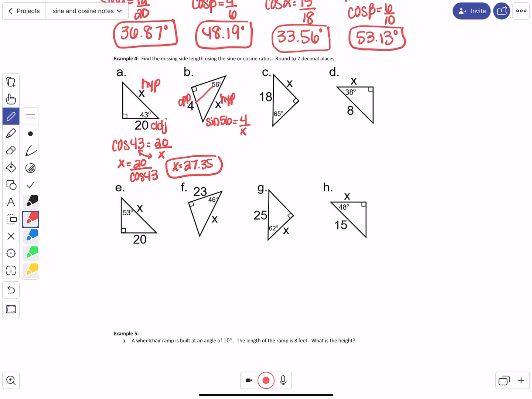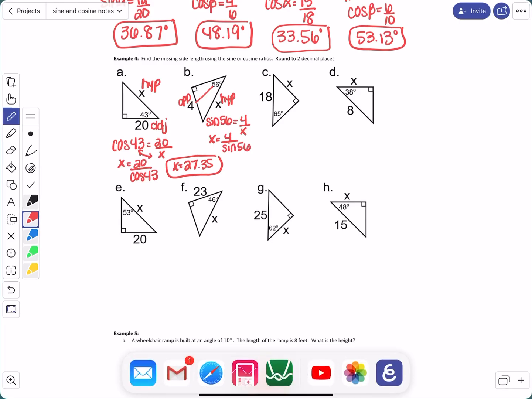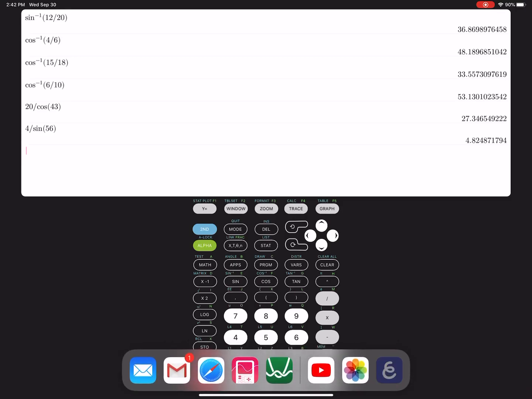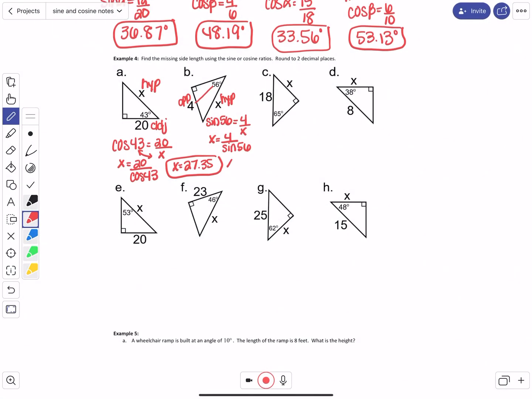Since x is on the bottom, they have to switch places. So we get x equals 4 over sine of 56. So 4 divided by sine of 56, and I get 4.82. So x equals 4.82.